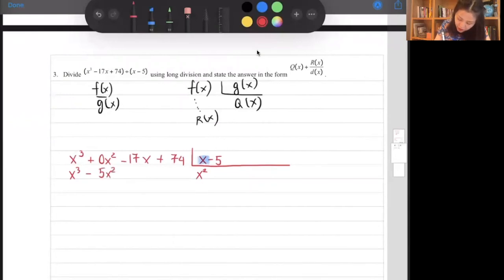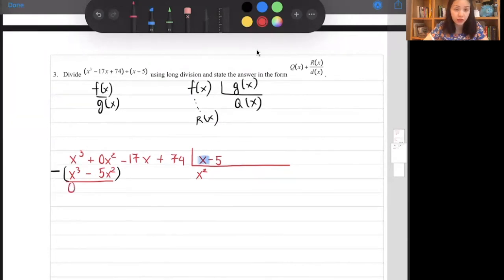And then I subtract. Now, when you subtract, make sure that you subtract every single term here. Don't make that classic mistake where you only subtract the first term, but you forget the rest. Okay, so x cubed minus x cubed is 0.